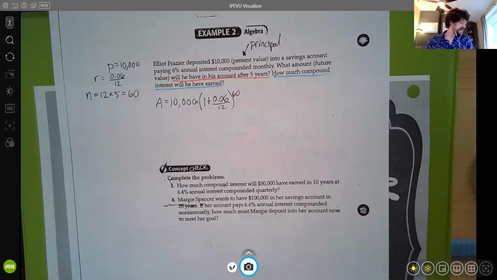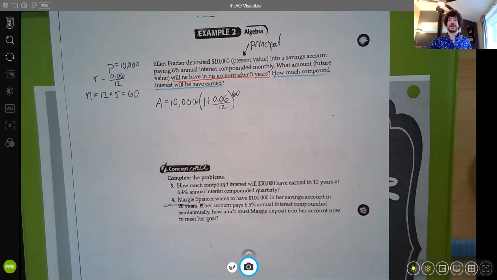Any guesses as to how much is in the account after 5 years? Value of A? If not, I'm happy to switch it over to the calculator.